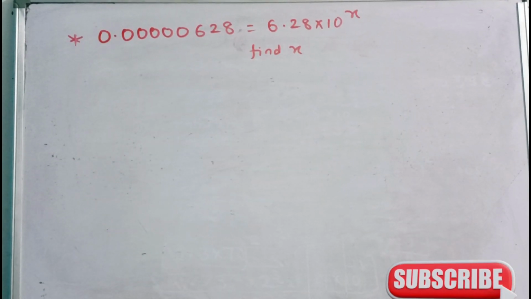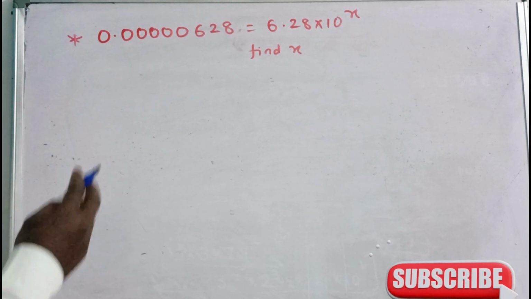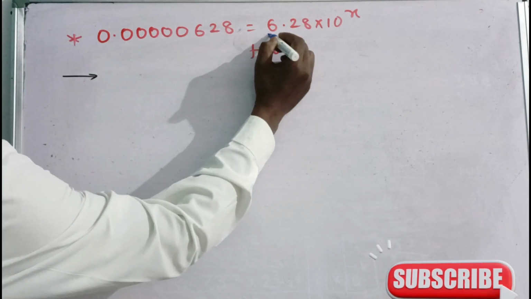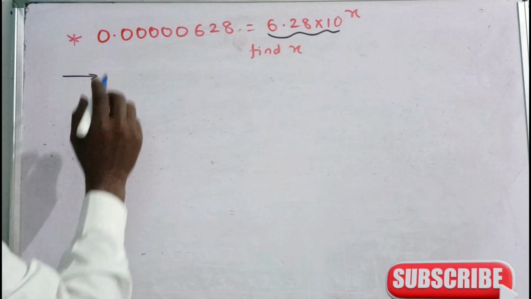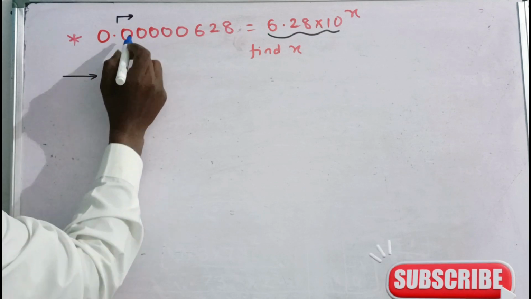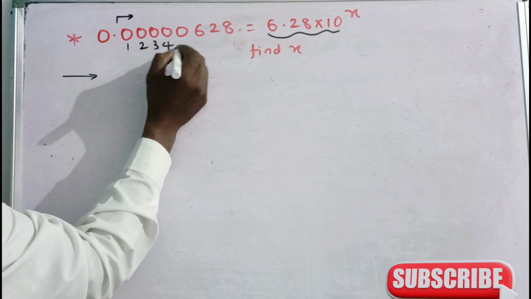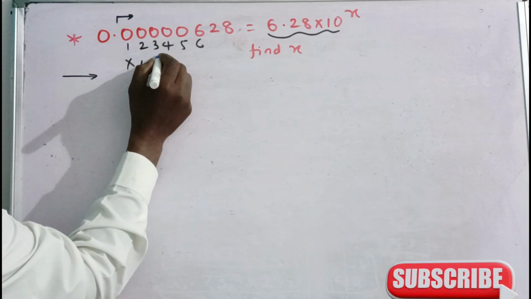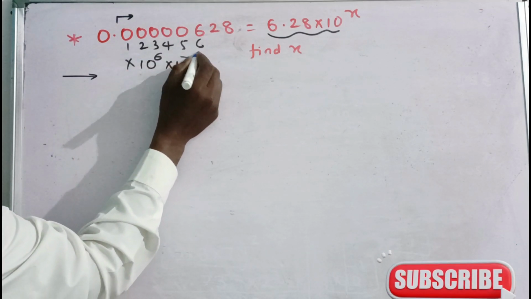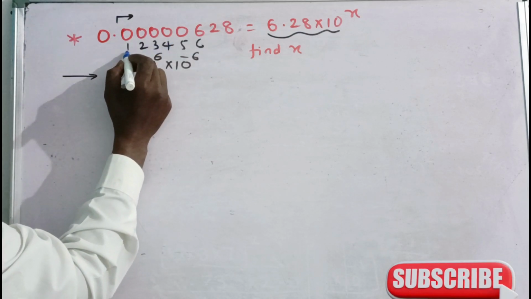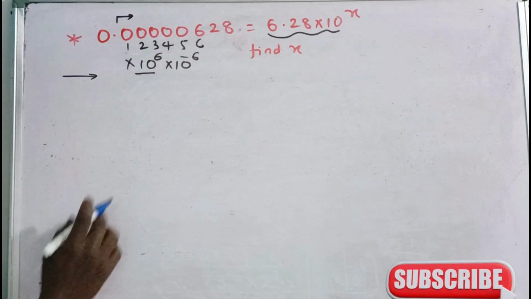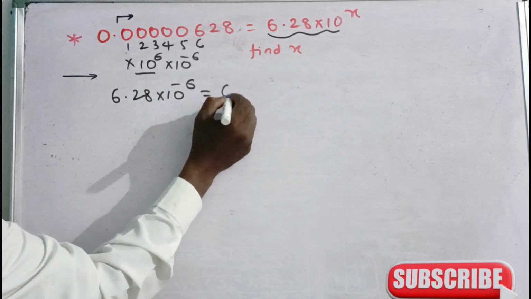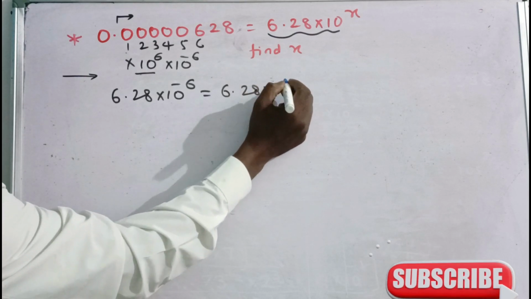Here we are taking one problem. क्या होगा? ये फॉर्म में लेके आना है. कितने डिजिट के बाद? 1, 2, 3, 4, 5, 6. 10 to the power plus 6, 10 to the power minus 6. राइट साइड जा रहे हैं हम, तो इसको यूज करेंगे. 6.28 into 10 to the power minus 6 is equal to 6.28 into 10 to the power x.